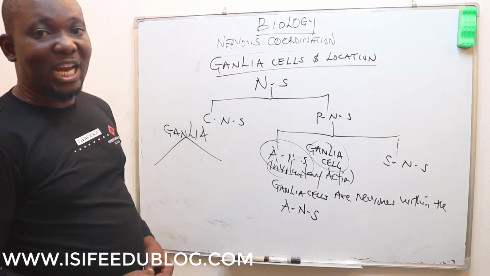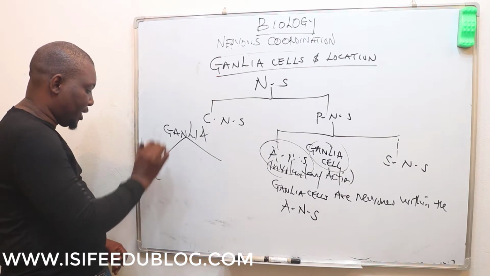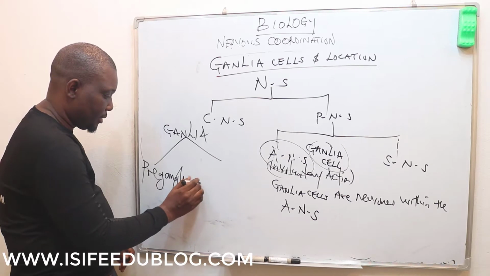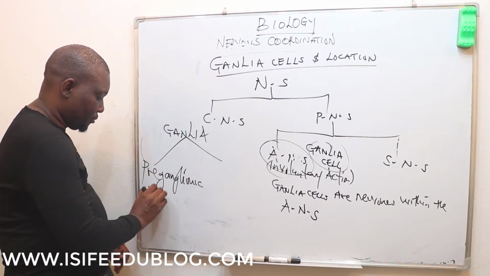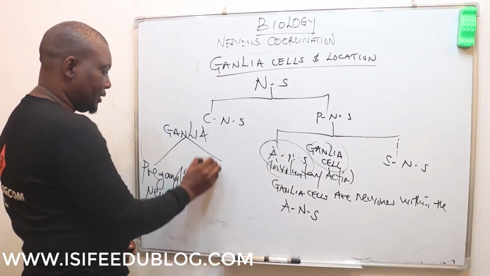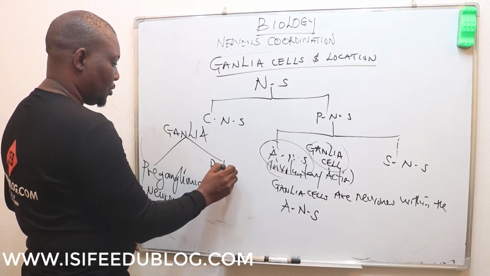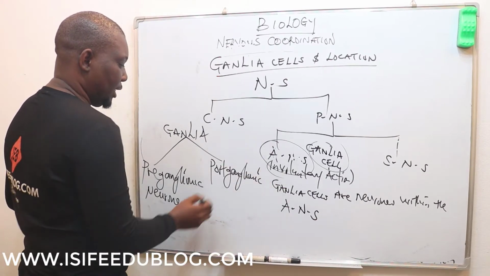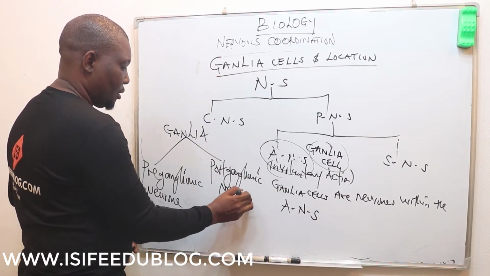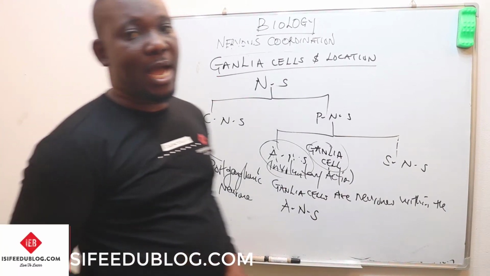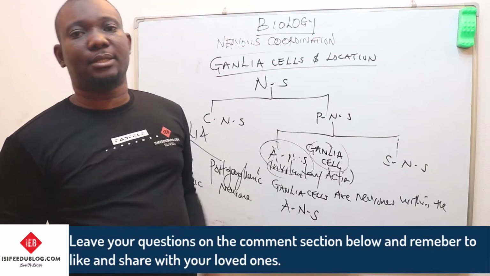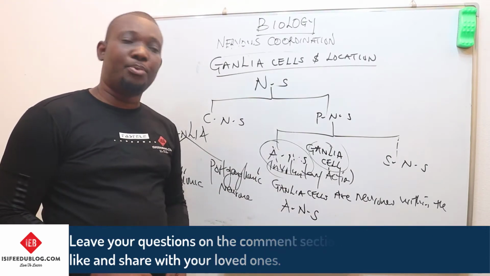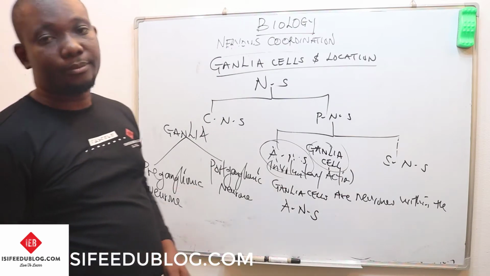We have the preganglionic neuron and the postganglionic neuron. I repeat, the two ganglia cells of the A.N.S. are the preganglionic neuron and the postganglionic neuron.